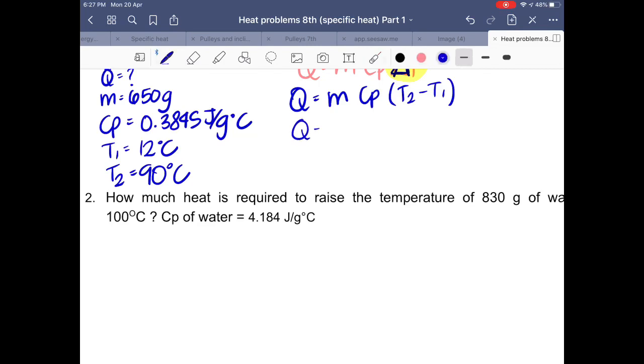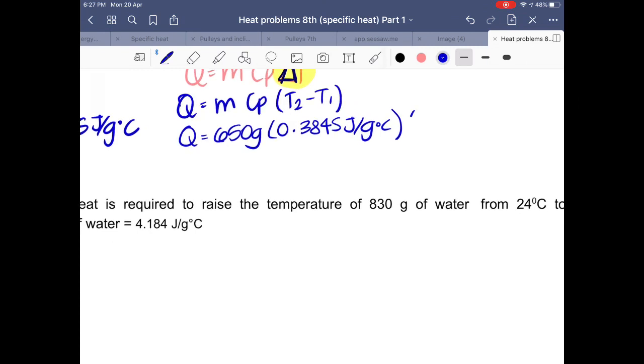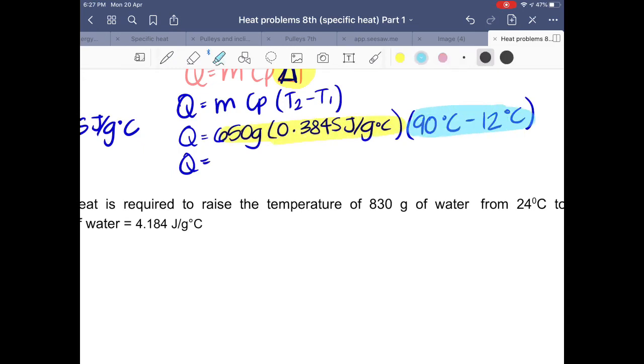So heat equals 650 grams times 0.3845 joules over grams per degree Celsius times 90 degrees Celsius minus 12 degrees Celsius. First you multiply these two and you subtract these two.